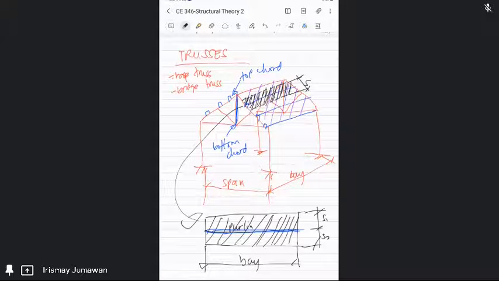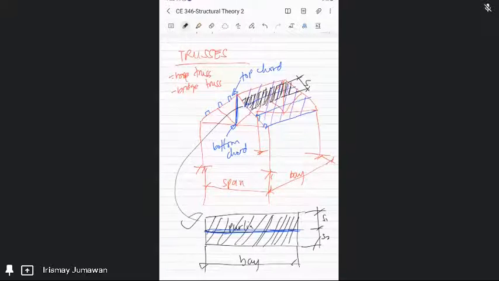So there is a load transfer from the top of your member down to the footing.